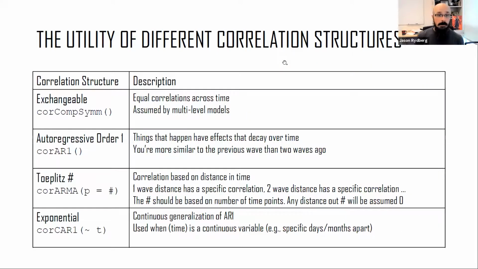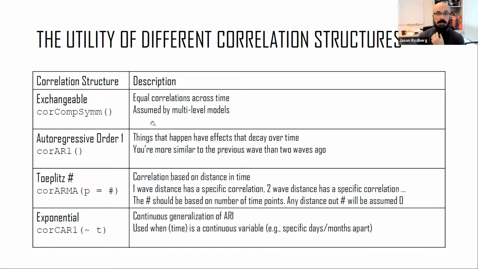So there are a few alternatives that we could do here. These are their names under different fields and in the nlme package, but they have different names that you'll see them referred to as in different fields. So first, there's an exchangeable structure, or compound symmetry, as this is called.